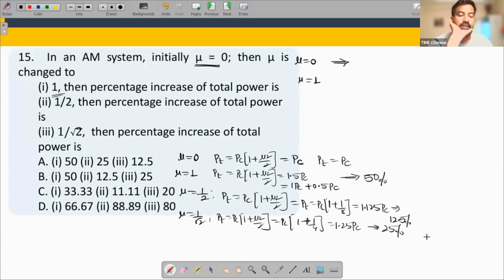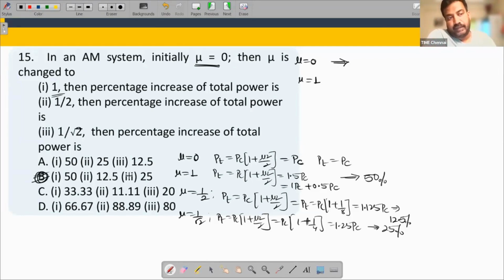That's 25%. Okay, so 50, 12.5 and 25. Option B is the answer.